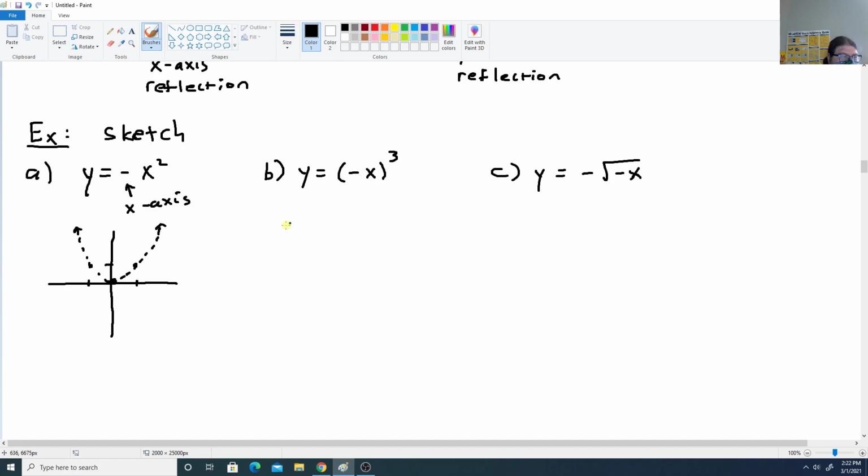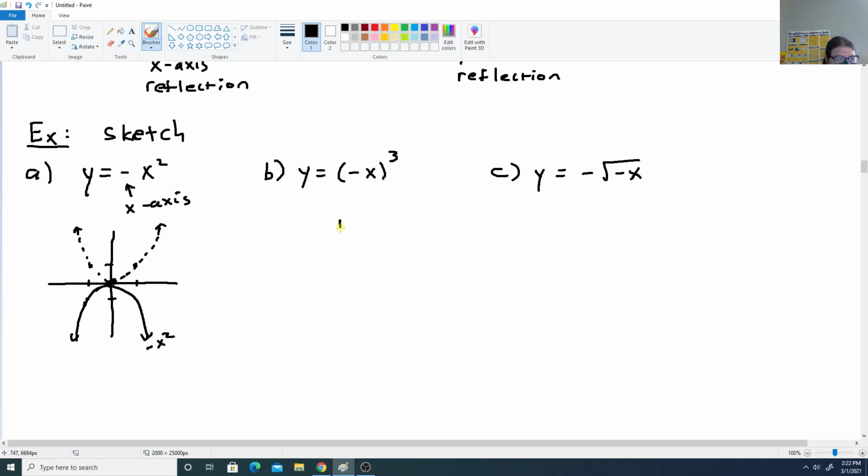Whenever I do an x-axis reflection of this, I pretend like there's a mirror along the x-axis, and this top part is reflected and becomes the new lower part. And this right-hand part here is reflected downwards and becomes the rest of the graph heading downwards. In this graph I've drawn with the solid line, this is the graph of y equals negative x squared.